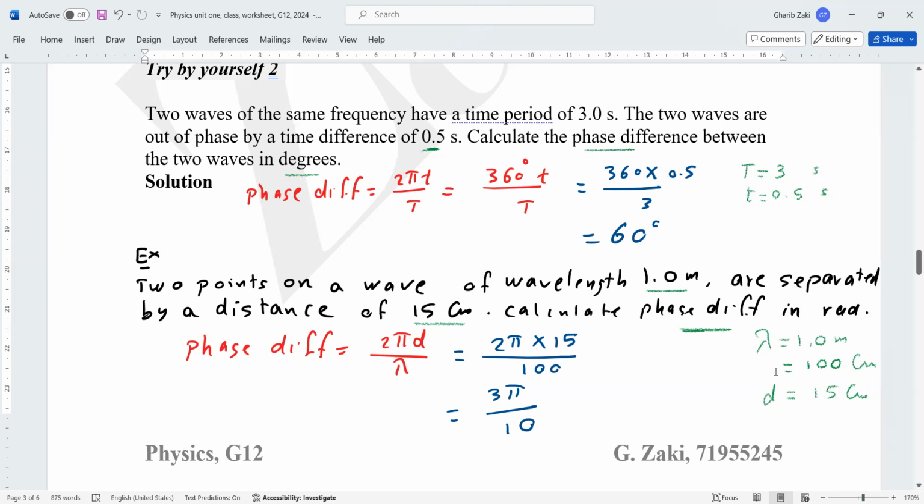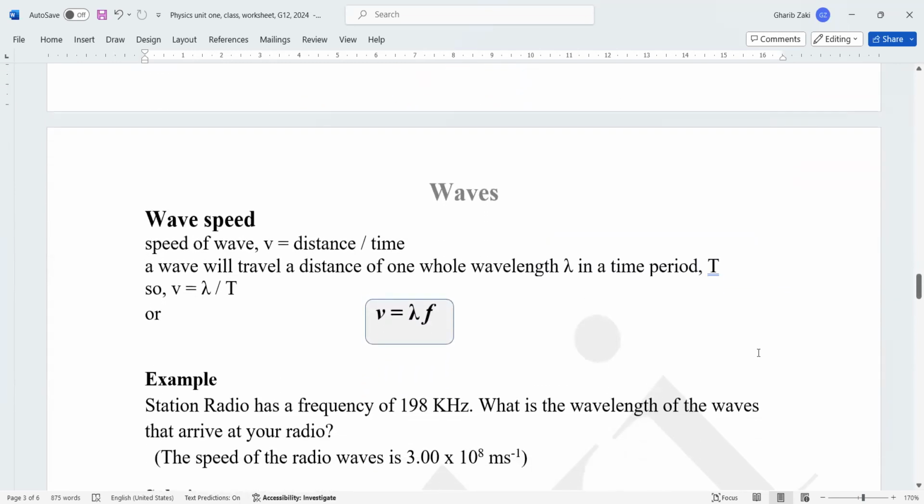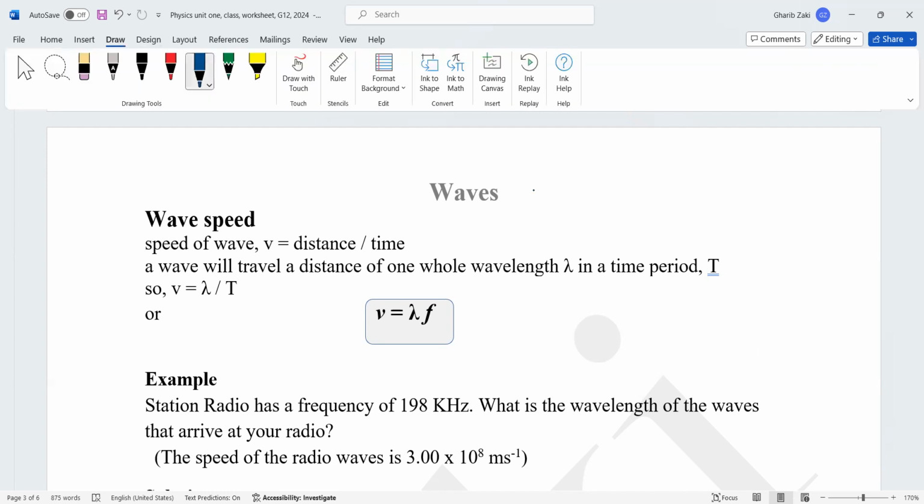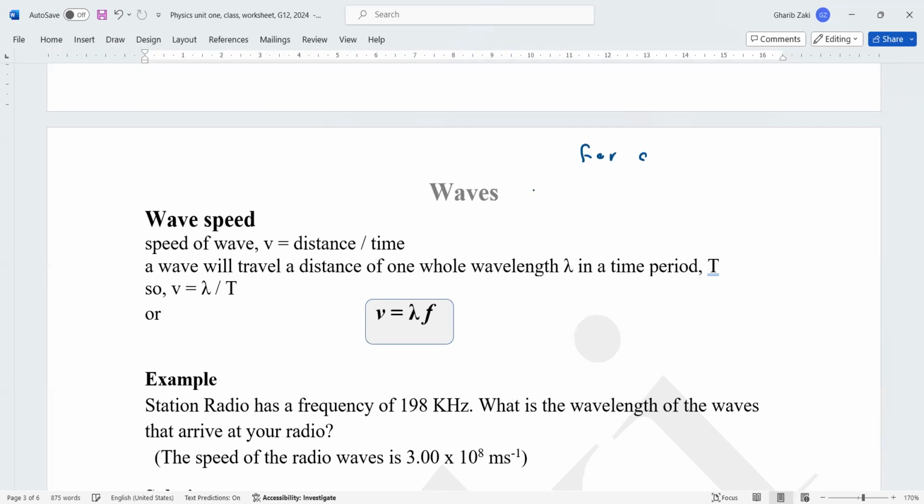Now, next part of the lesson, we talk about wave speed. Ready? Look, please, at this. For one complete wave, this is one complete wave, okay? One wave.